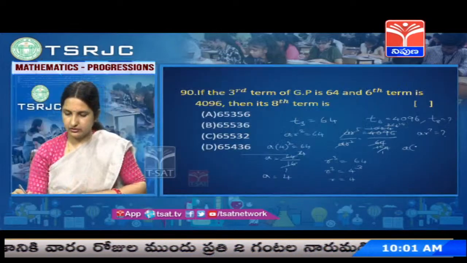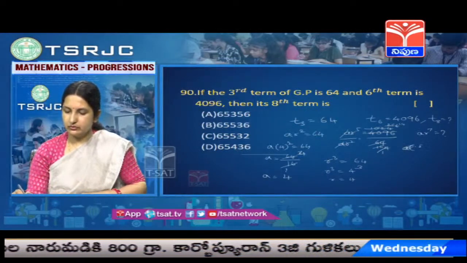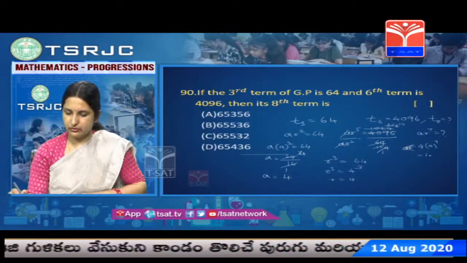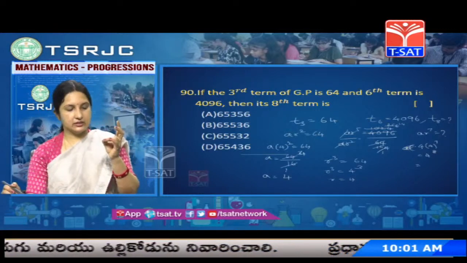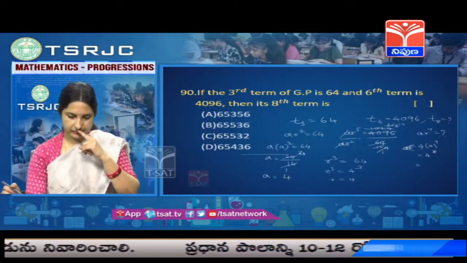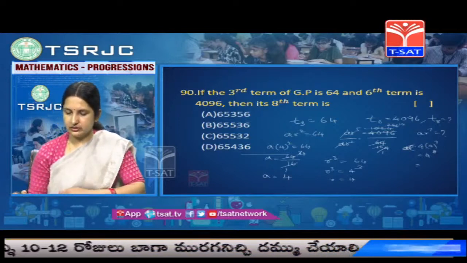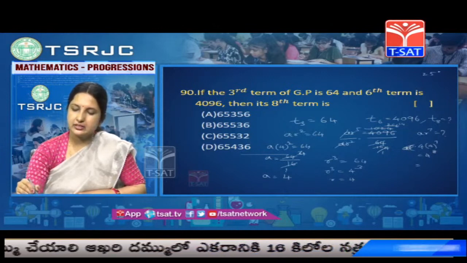So here we need AR to the power of 7: 4 into 4 power 7, which equals 4 power 8. 4 fours are 16, 16 fours are 64, 64 fours are 256. Now we have to do 256 into 256, and that is the answer.